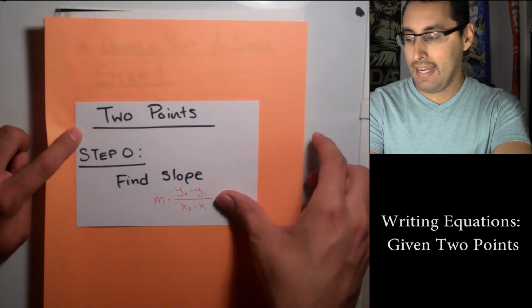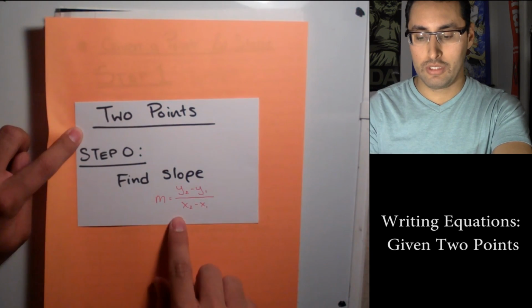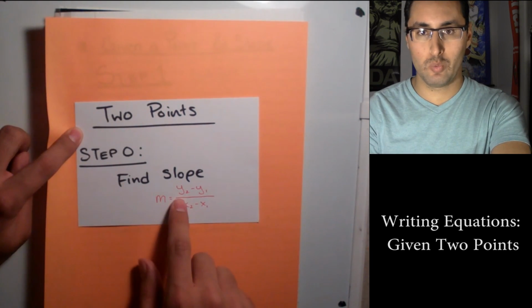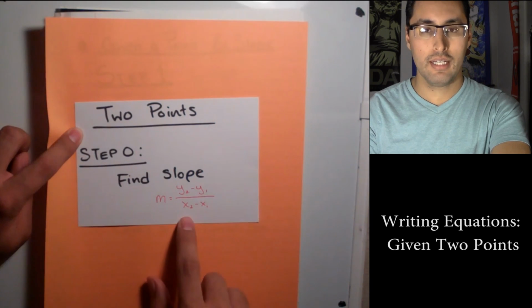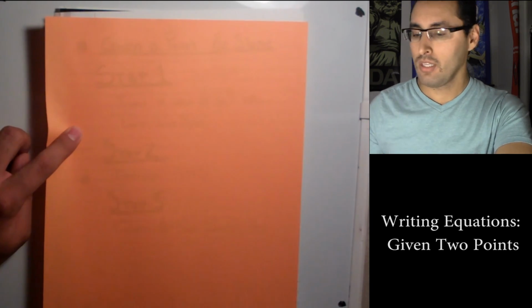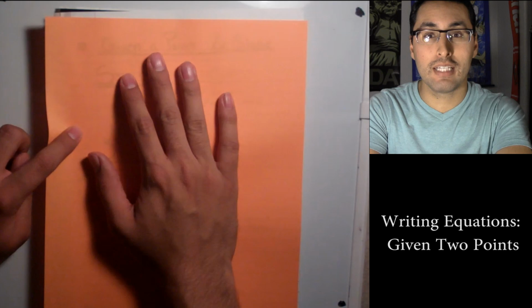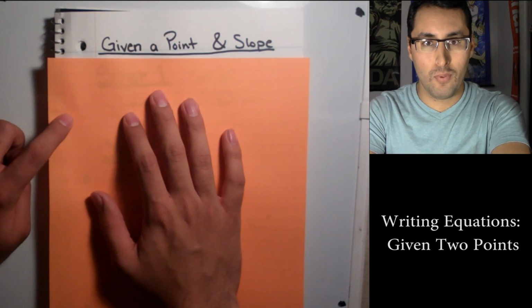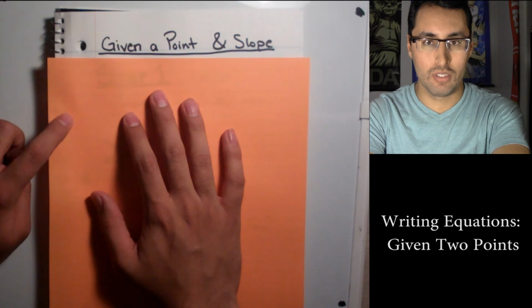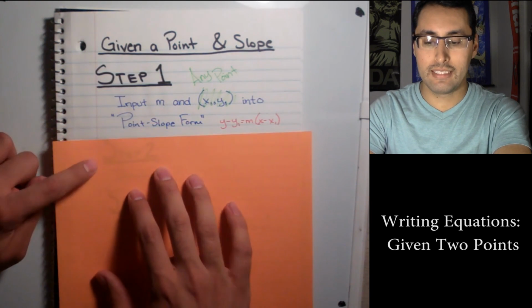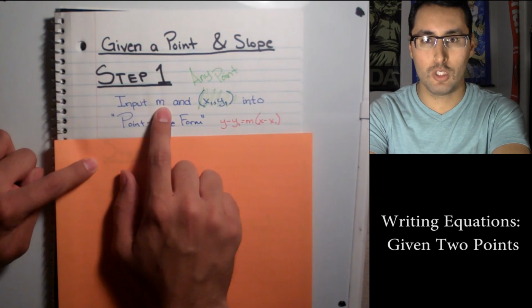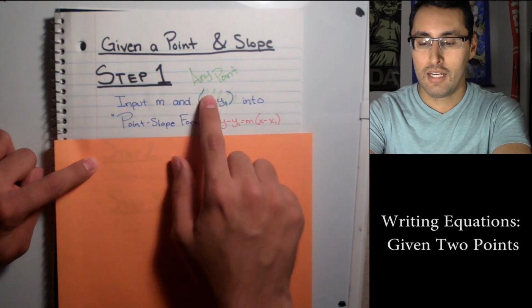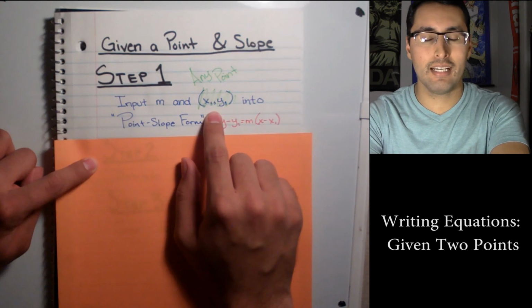We're using this equation, m equal to y2 minus y1 over x2 minus x1. The steps after that are exactly the same as when we were given a point and a slope. The first step was to input m, which is our slope, which is what we found from step 1, and x1, y1.